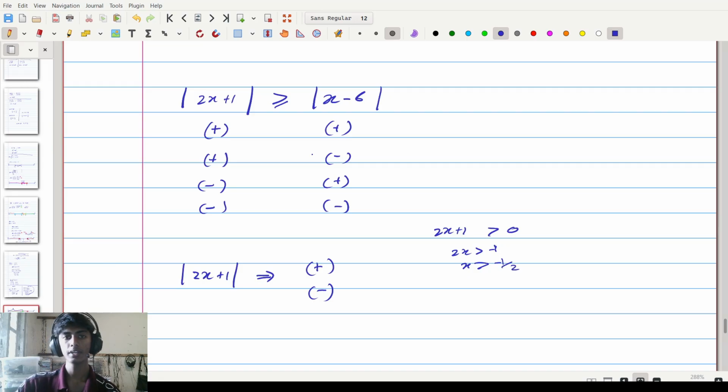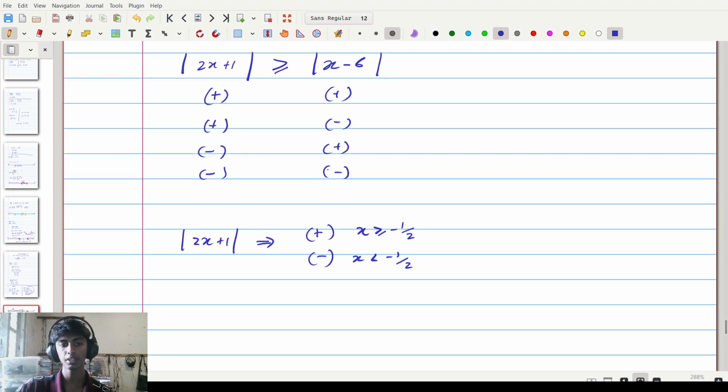So this thing is going to be positive for x greater than negative a half. We have to include the 0 of course, because that's how the modulus works. So this is going to be positive for x greater than or equal to negative half, which means it's going to be negative for x less than negative half.